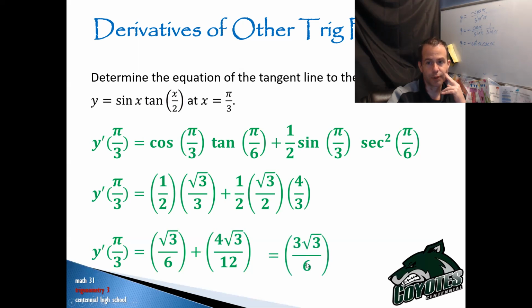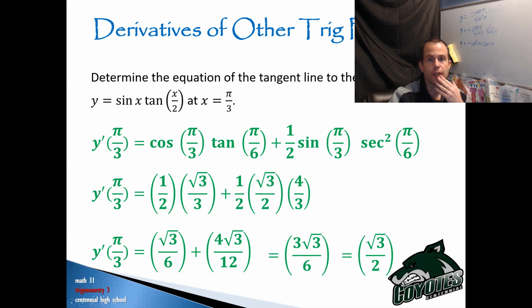So root 3 over 3, sorry, I can't talk today. 3 root 3 over 6. And then the 3 over 6 actually reduces to root 3 over 2. So I end up with root 3 over 2. The slope of my tangent line at x equals pi over 3 is root 3 over 2. Okay?